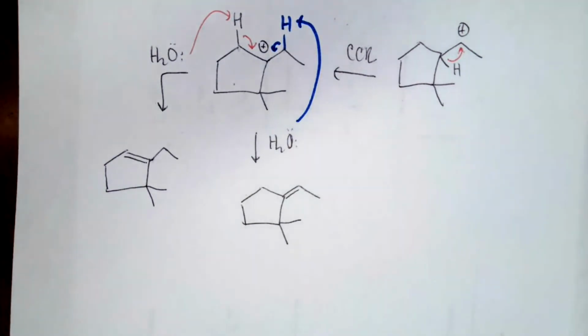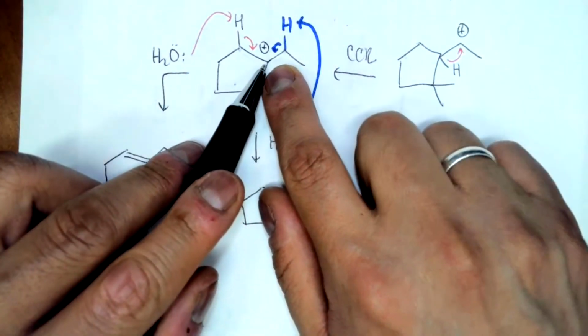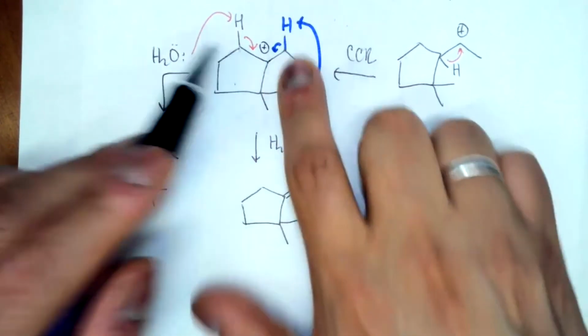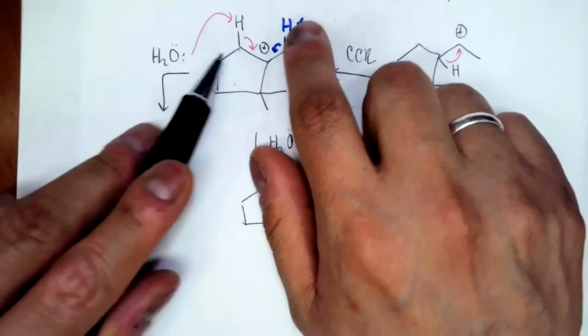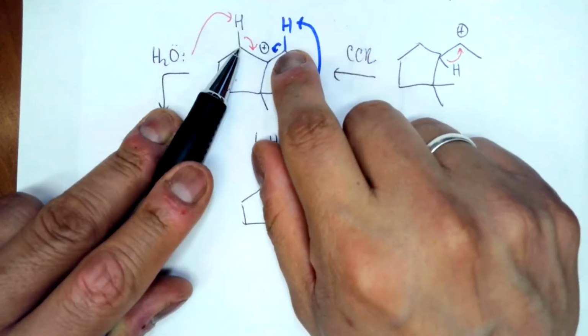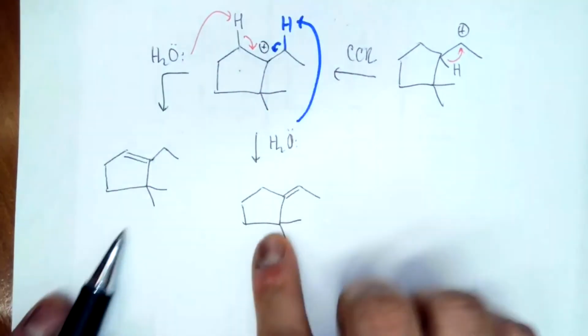All of those could be Zaitsev, or all of them will be Hofmann. So you will be producing multiple products. For example, here in this carbocation, I had two beta hydrogens, but both give me trisubstituted alkenes. So which one is Hofmann, which one is Zaitsev? None of them. Both of them are Hofmann, both of them are Zaitsev. I cannot distinguish, so it will produce both.